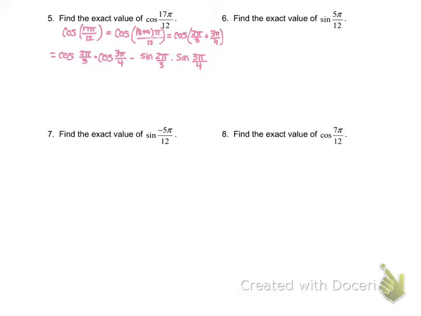And so again, we need to look up the values on the unit circle, and we get negative 1/2 times negative root 2 over 2, minus root 3 over 2 times root 2 over 2. And this is equal to root 2 minus root 6 over 4.